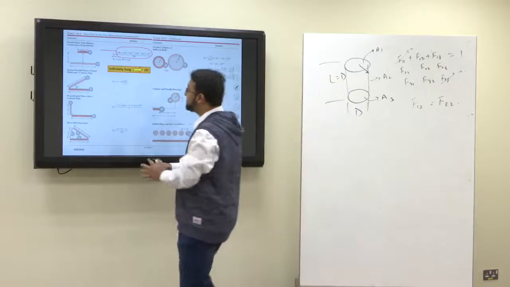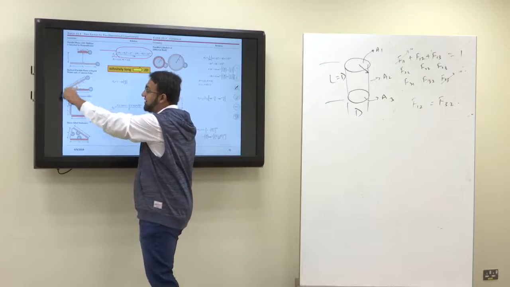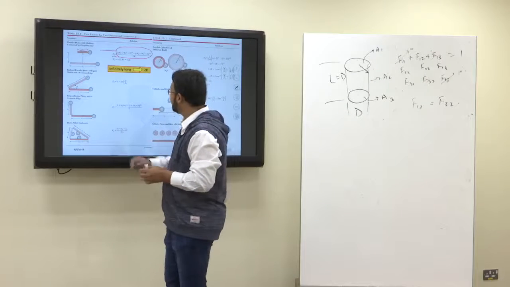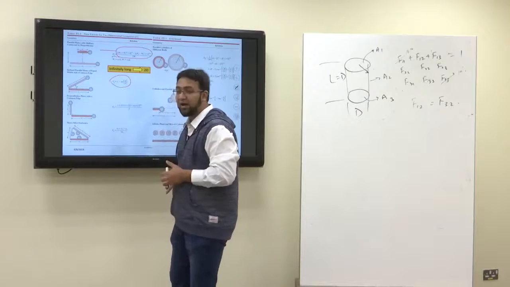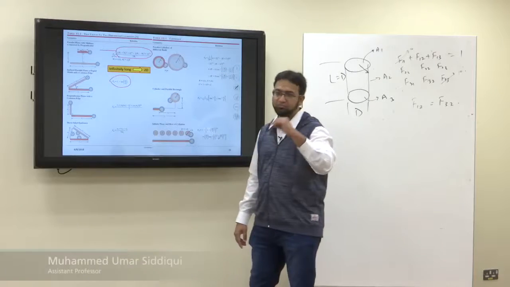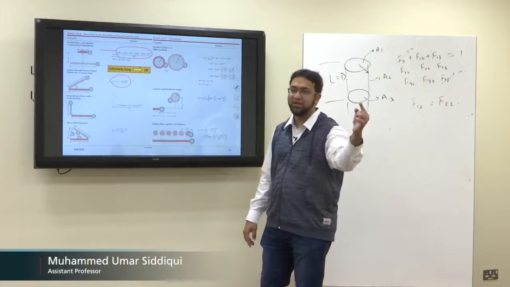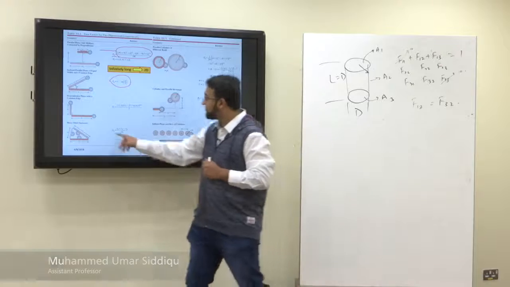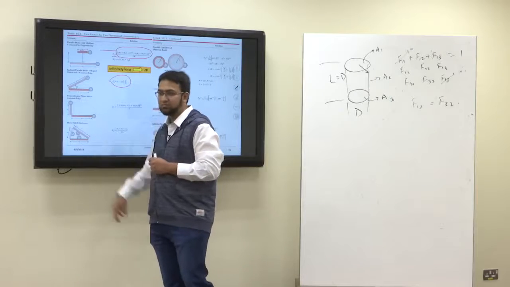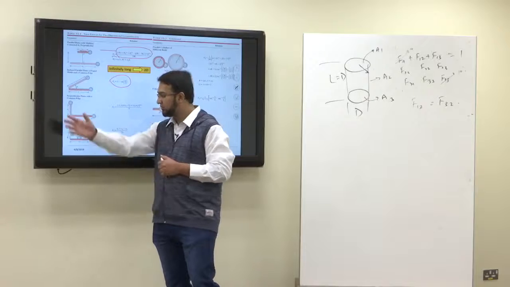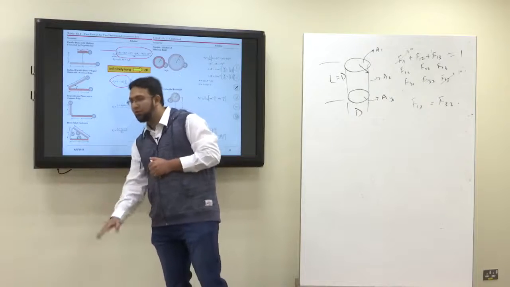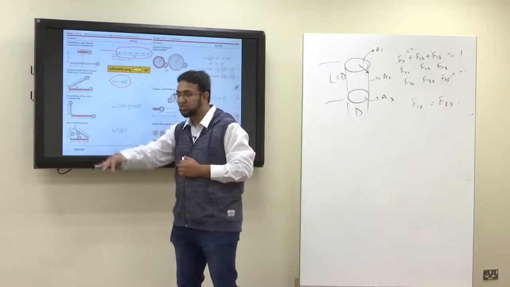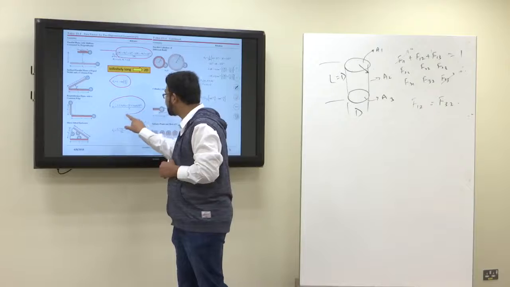If I have two surfaces which are not parallel but make a specific angle, then we assume one surface as i, the other as j, and Fi to j is this formula. If I have two surfaces which are exactly perpendicular, like one a wall and the other a floor, then the view factor for the energy emitted by one reaching the other will be this.